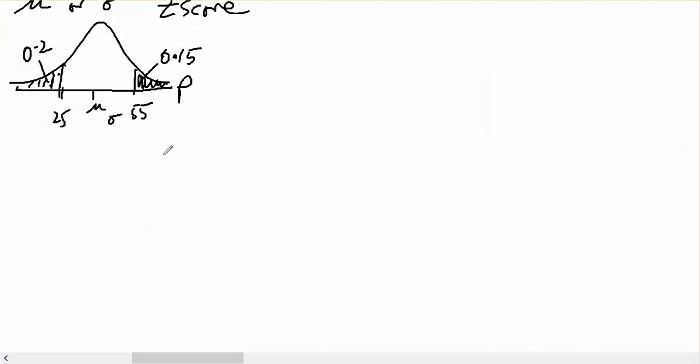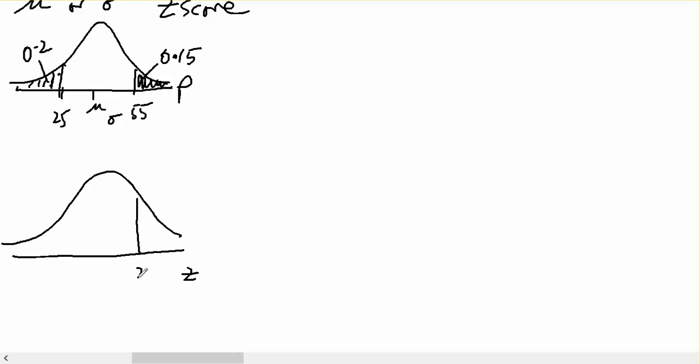So if I could draw Z below it and find out the corresponding number to 55, Z1, and the corresponding number to 25, Z2, I could use Z equals X minus mean on standard deviation to find it.